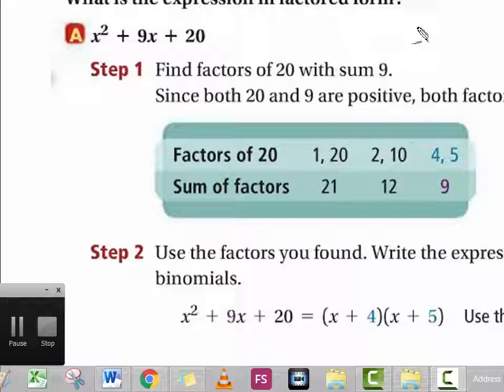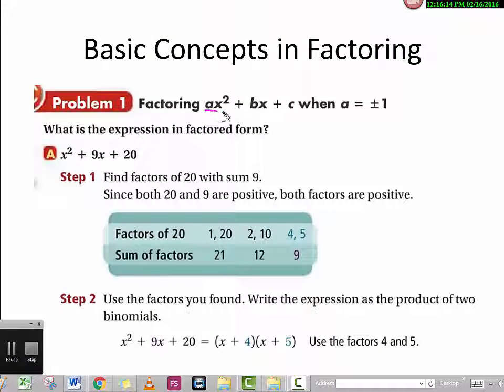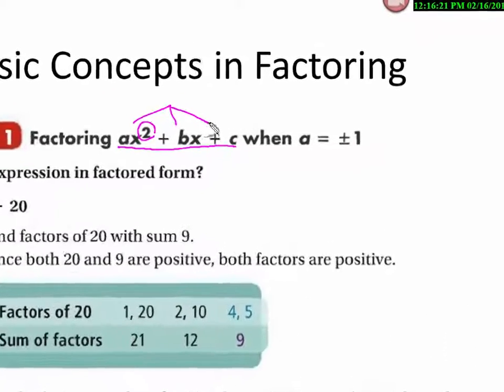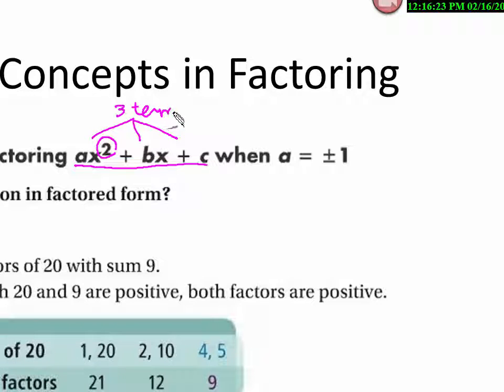Let's start with some basic concepts in factoring. Before we start factoring, we have to recognize the form of quadratic trinomial expressions. It is a quadratic because it has a square right here. It's a trinomial because you have 3 terms. The next thing you have to pay attention to is the value of a. When a is equal to positive 1 or negative 1, we can use the strategy of sum of factors.